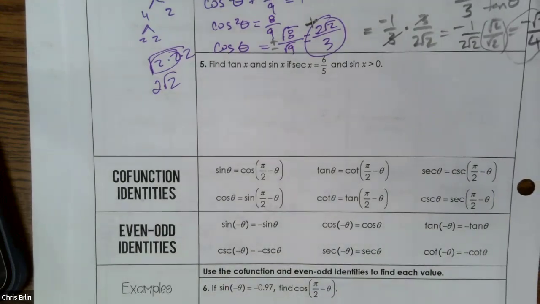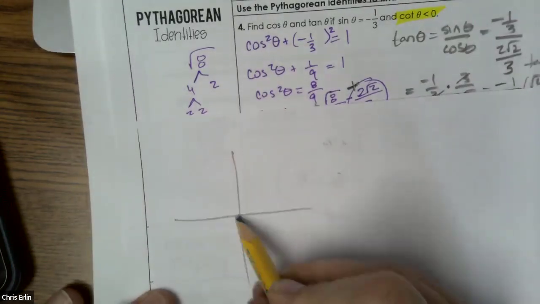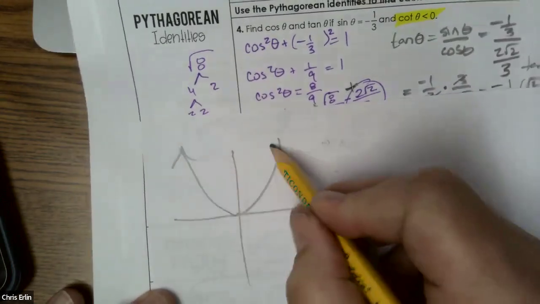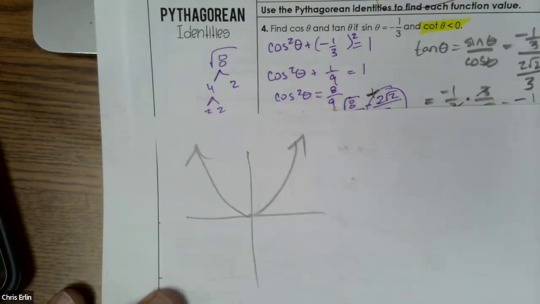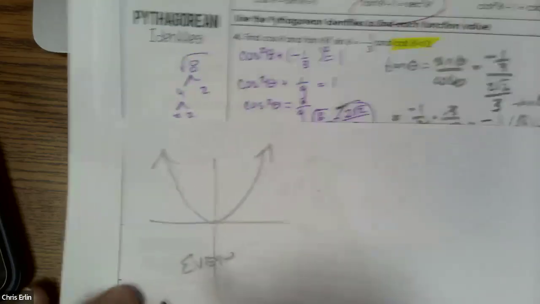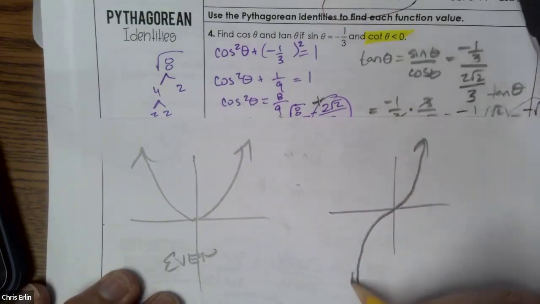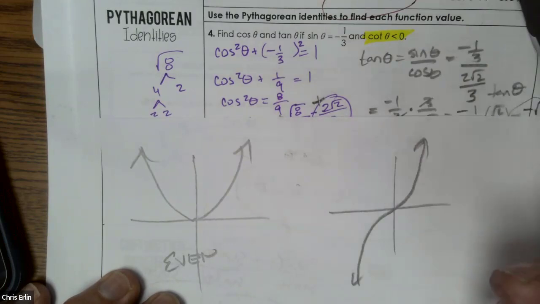The other piece here is the even-odd identities. We've done a lot with even-odd, haven't we? What makes a function even? It's reflective over the y-axis. In other words, if we saw something like this, we'd call that even, right? What makes it odd? It's got to reflect around the origin, right?